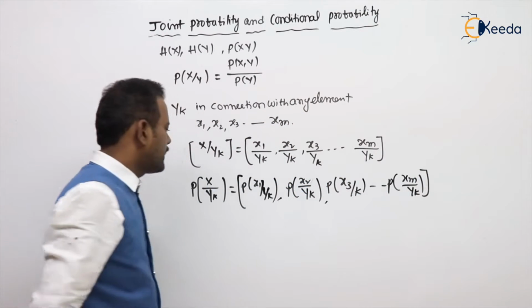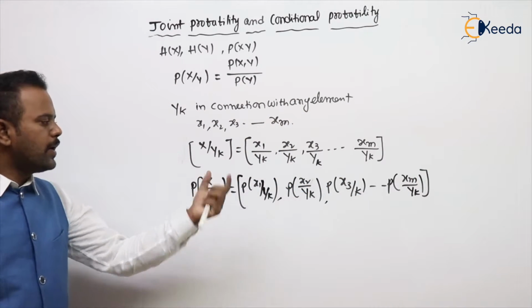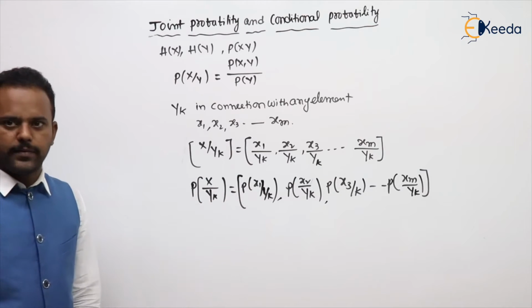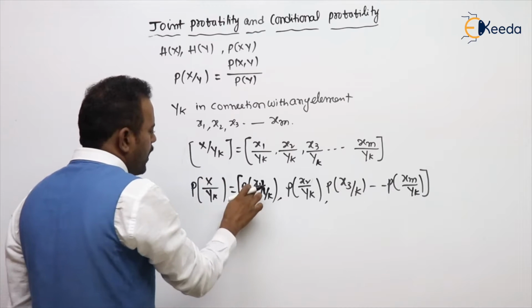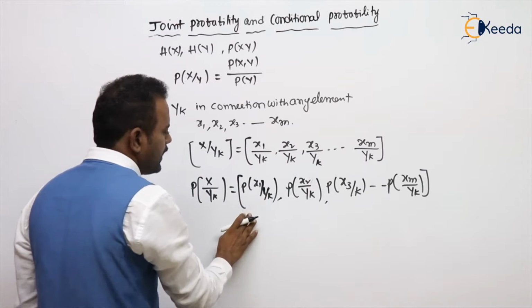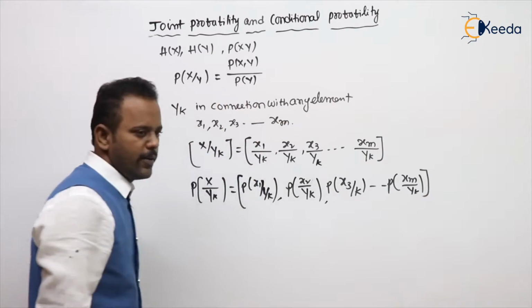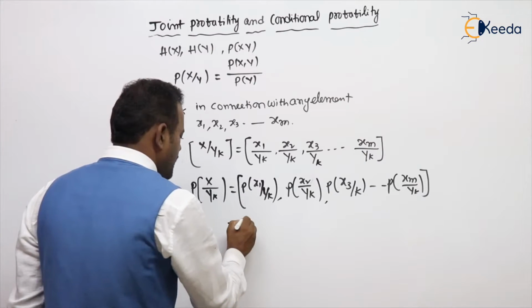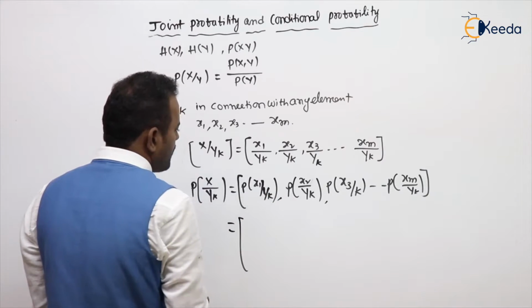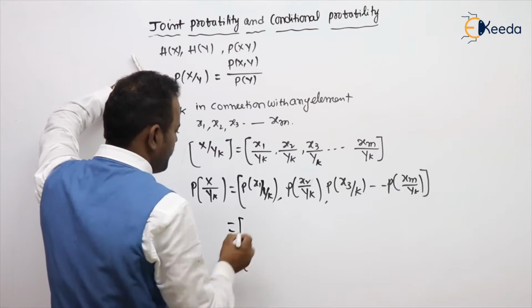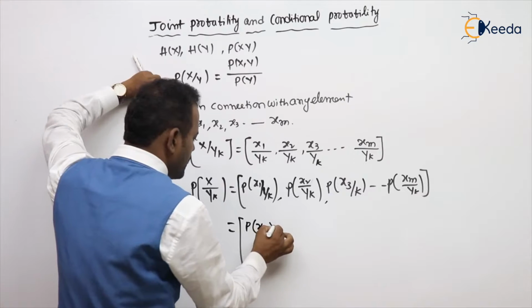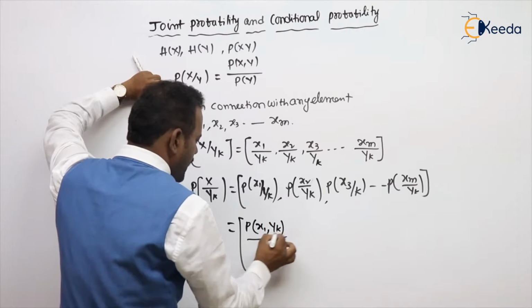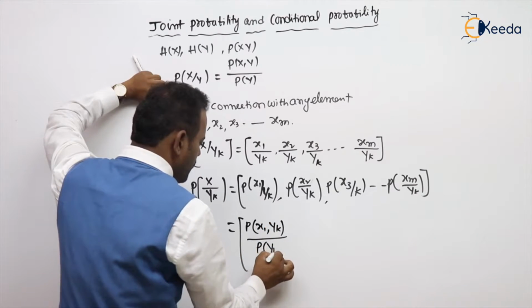This is the complete probability set I have given. For all inputs, may be received as yk, the complete probability matrix I have given. This can also be written as y1 by xk. You can see the formula. So this is nothing but joint probability of x1 with yk divided by probability of yk.